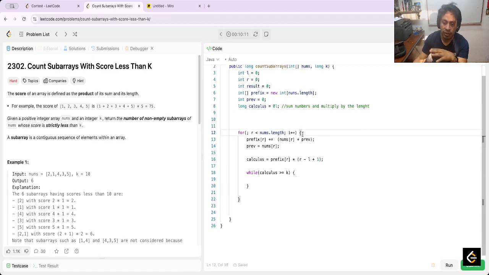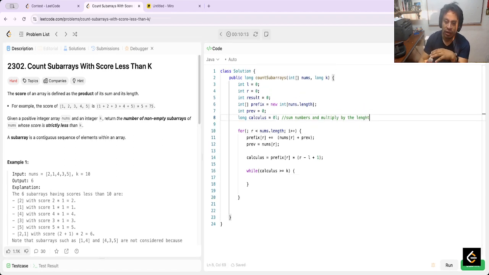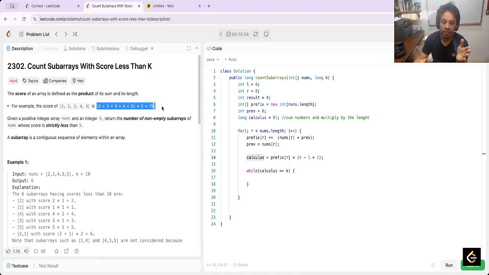I am trying to do this in this code, and for this I use the prefix sum, a technique to find these subarrays. The calculation of this operation using the prefix sum, when it is greater than or equal to k, means that I need to reduce.